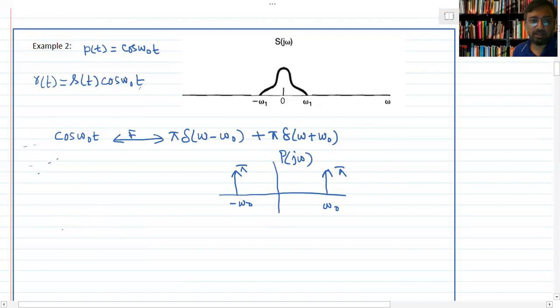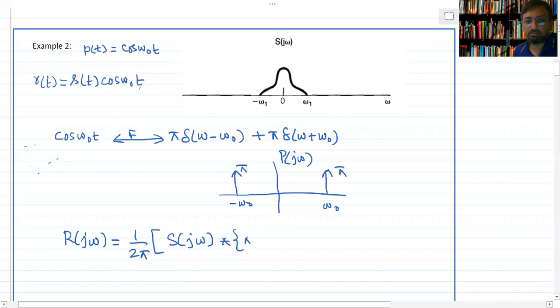And applying the multiplication property, Rj omega will be 1 over 2 pi Sj omega convolved with pi delta omega minus omega naught plus pi delta omega plus omega naught.